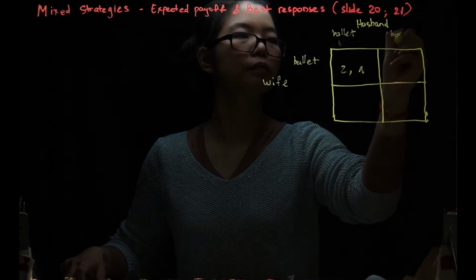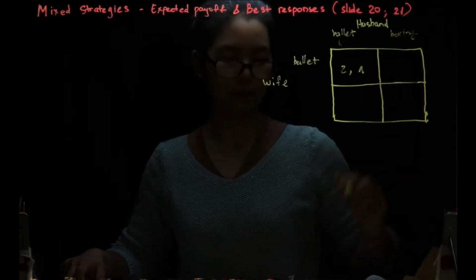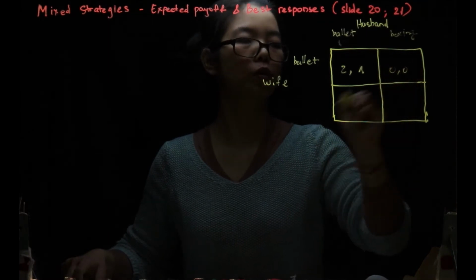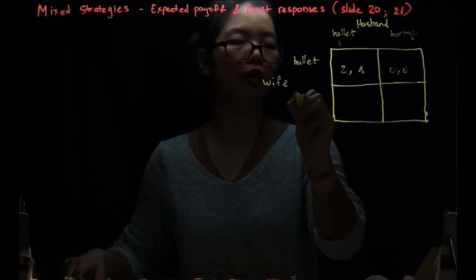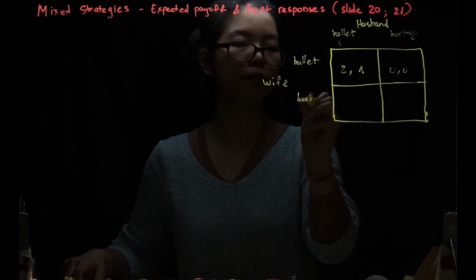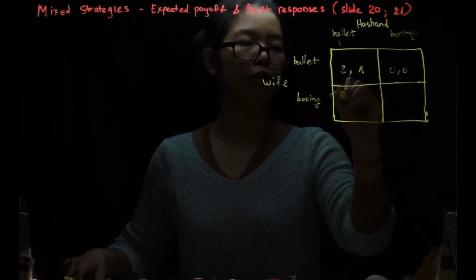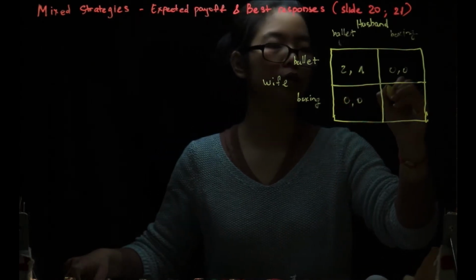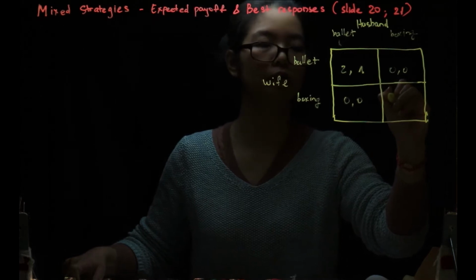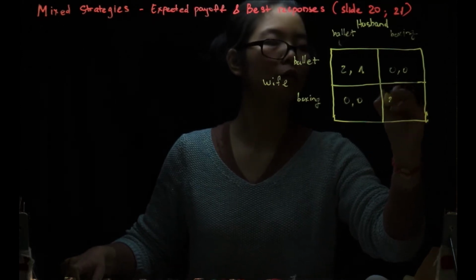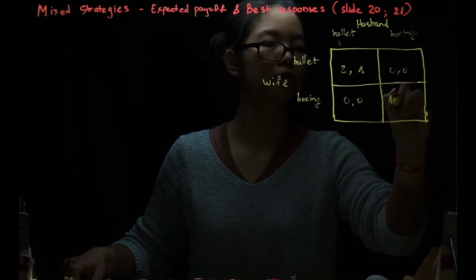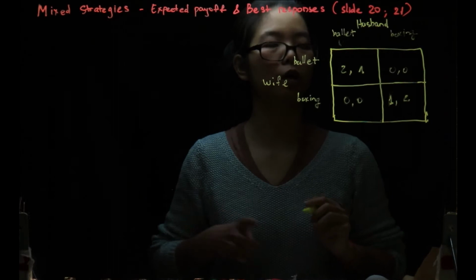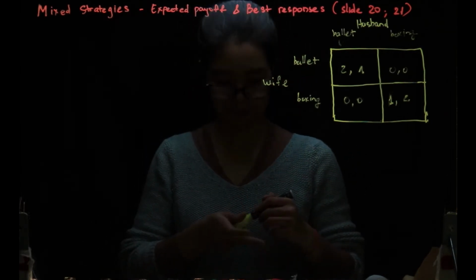Here's boxing. The payoff is 0 for both. And you have here boxing for the wife. The payoff is 0 if they go for different activities, right? And 1 and 2 if she goes boxing with her husband.